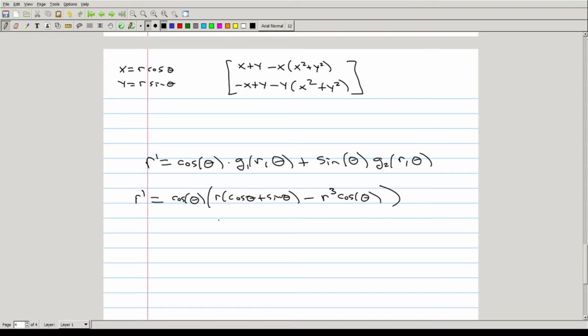And this has to be added then to sine of theta times r times negative cosine theta plus sine theta, because x is r cosine theta, y is r sine theta, minus r cubed sine of theta.